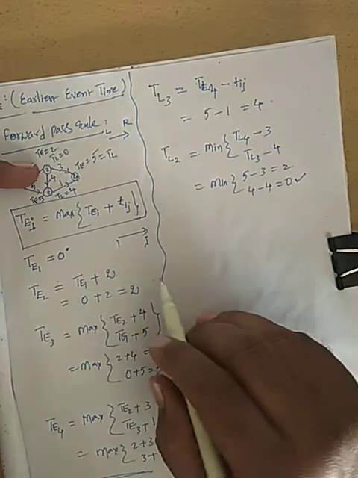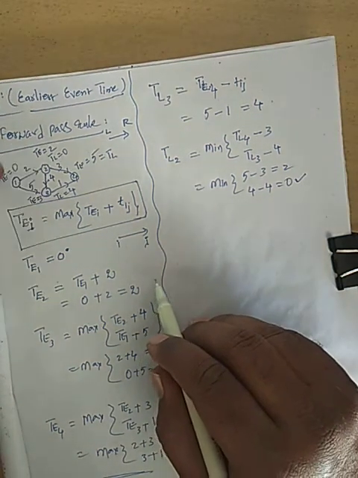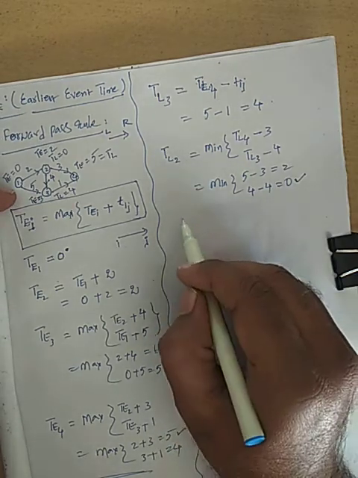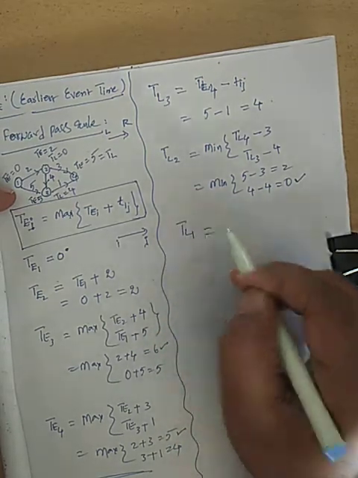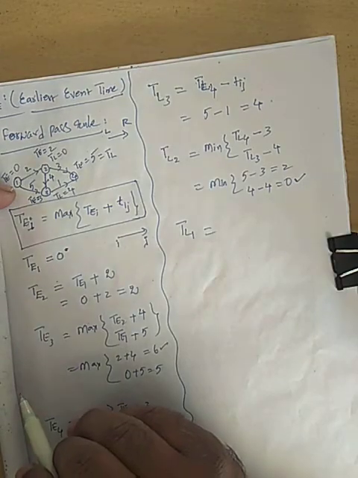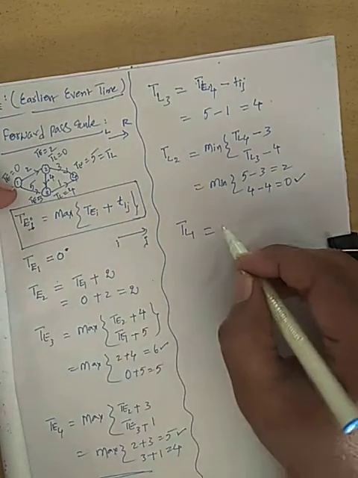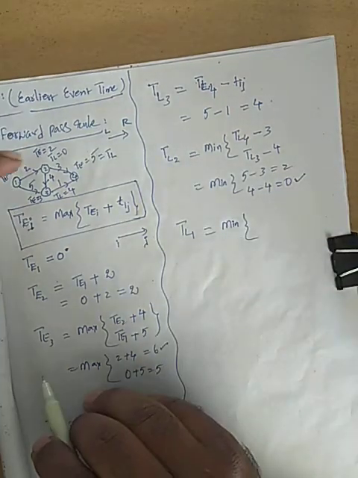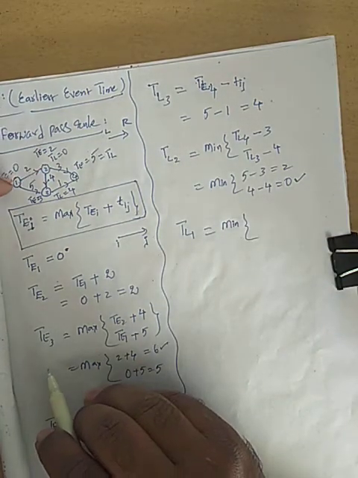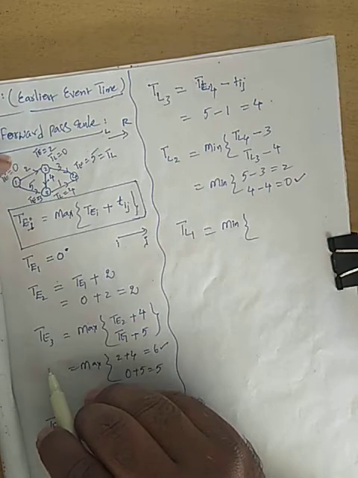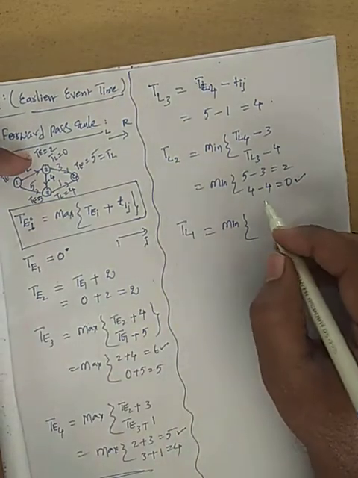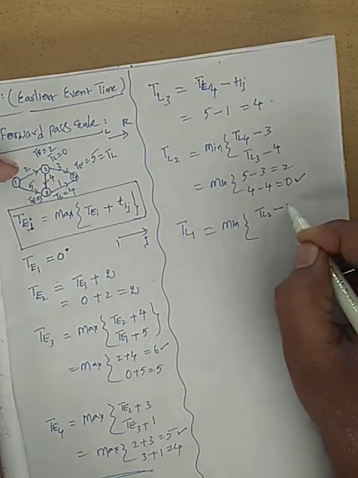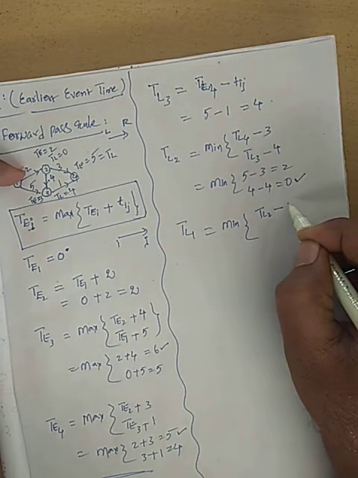Now next we go for the last one, TL1. To reach TL1, how many routes are there? More than one, hence take the minimum. First route, what is that? 2 to 1. Next one is 3 to 1. So 2 to 1 is TL2 minus 2.